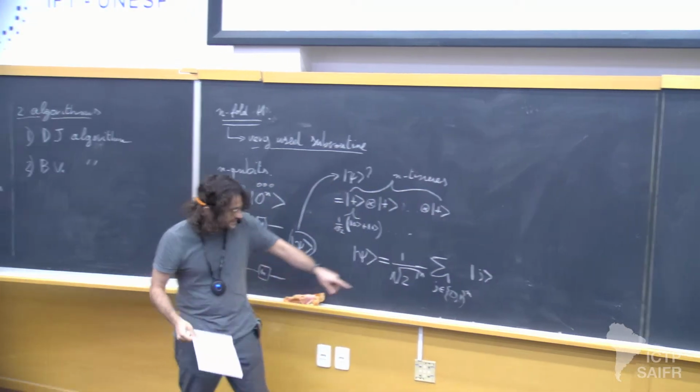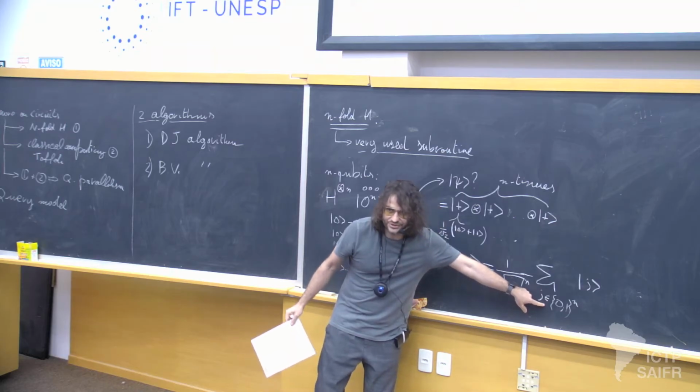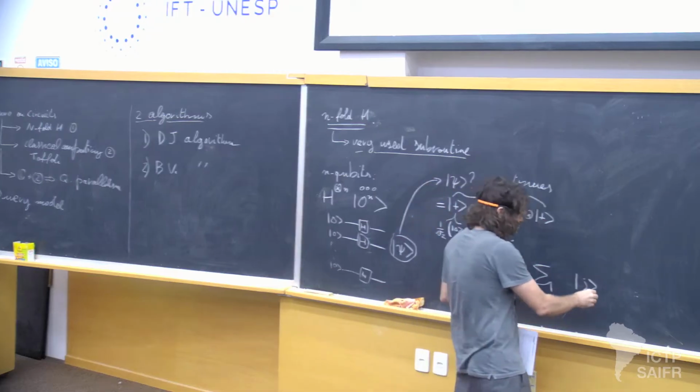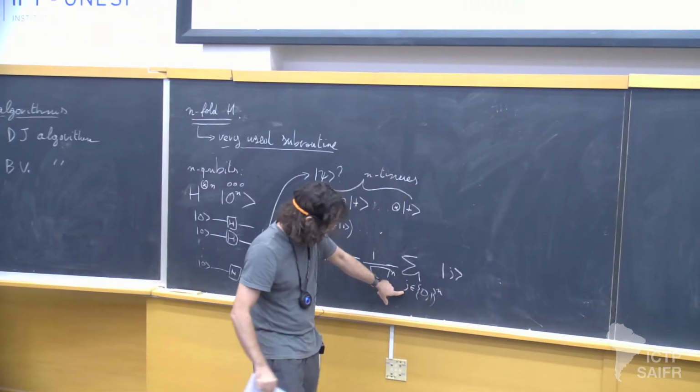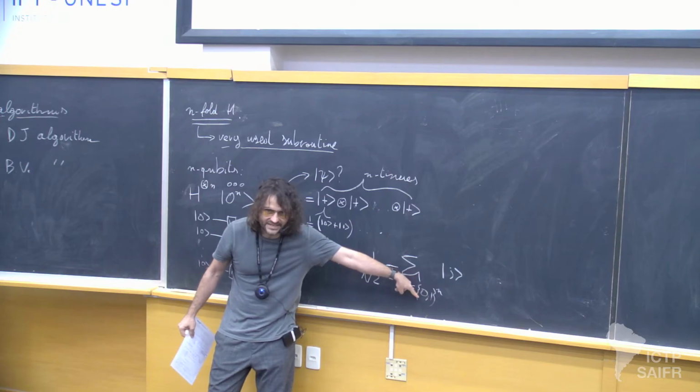Now, do you know what I mean with this? Should I specify a little bit better? Yes, good. I should specify that I'm saying: take all the possible n-bit strings made by 0 and 1 and sum all together.